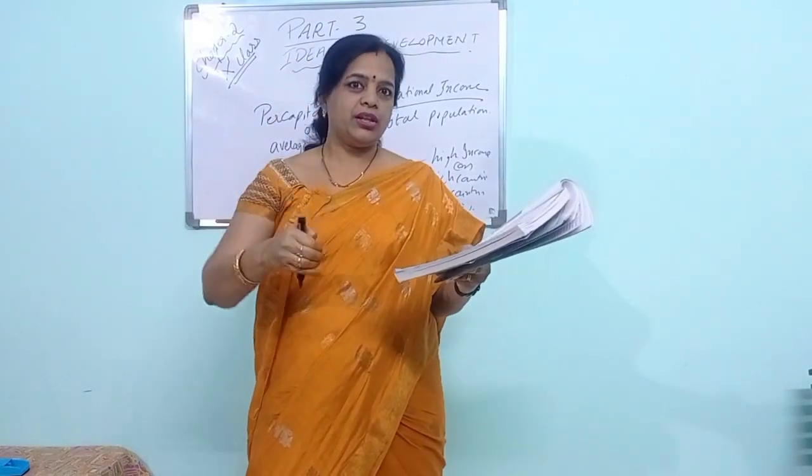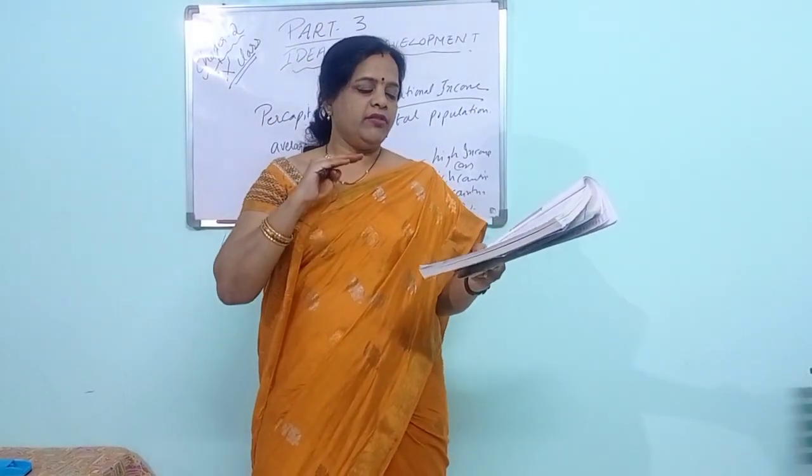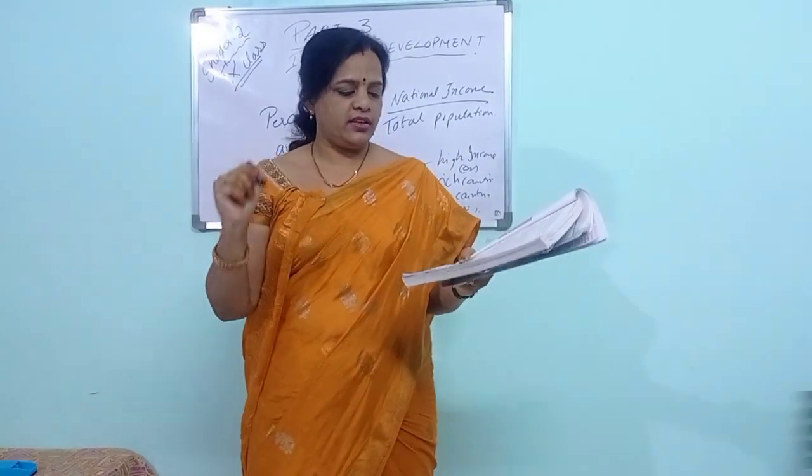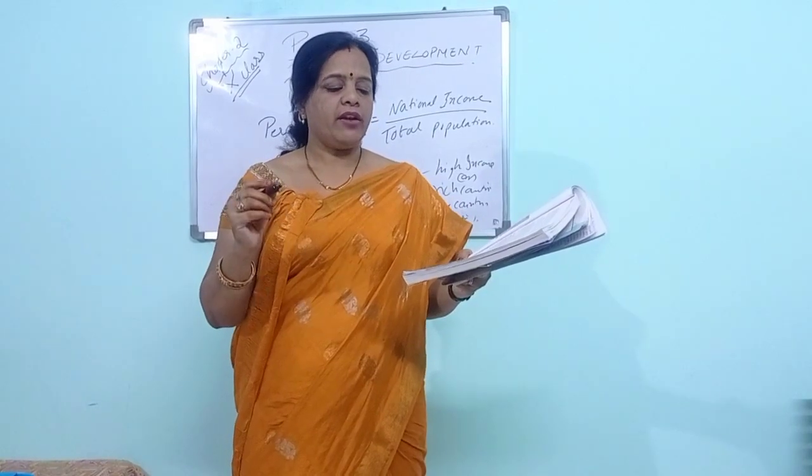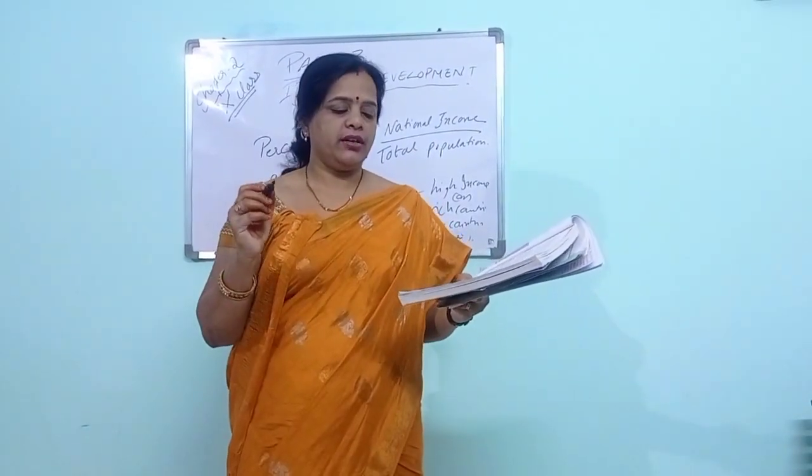In country B, the first citizen has 500, second citizen 500, third citizen 500, fourth citizen 500, and fifth citizen 48,000.